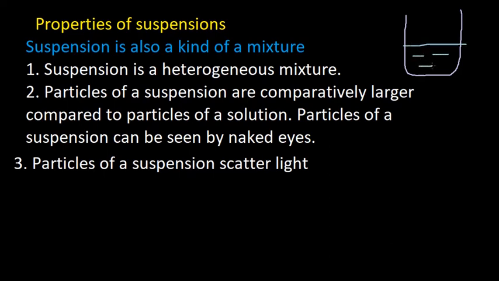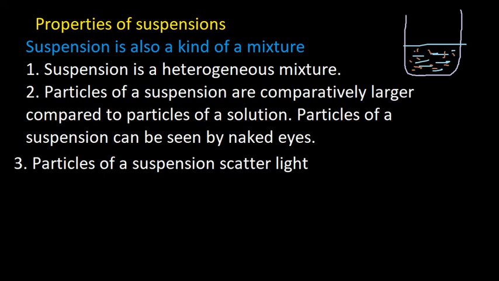What is the example of a suspension? The example of a suspension is soil or dirt or mud in water. So suppose you have some soil mixed with water. So this is a suspension. You can see the particles of soil because they are quite large compared to particles of a solution.